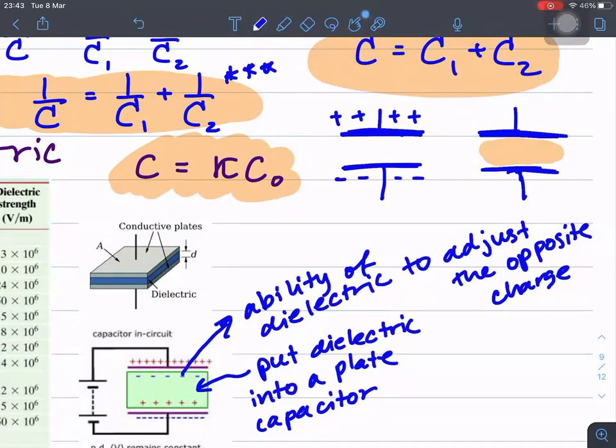And this is what we have for this capacitor with full capacity of charge.